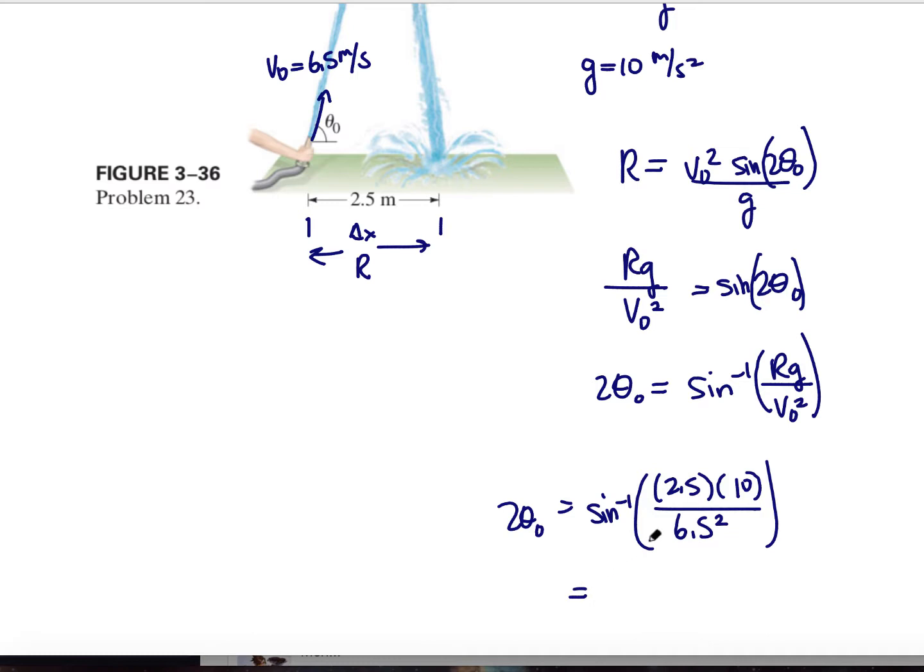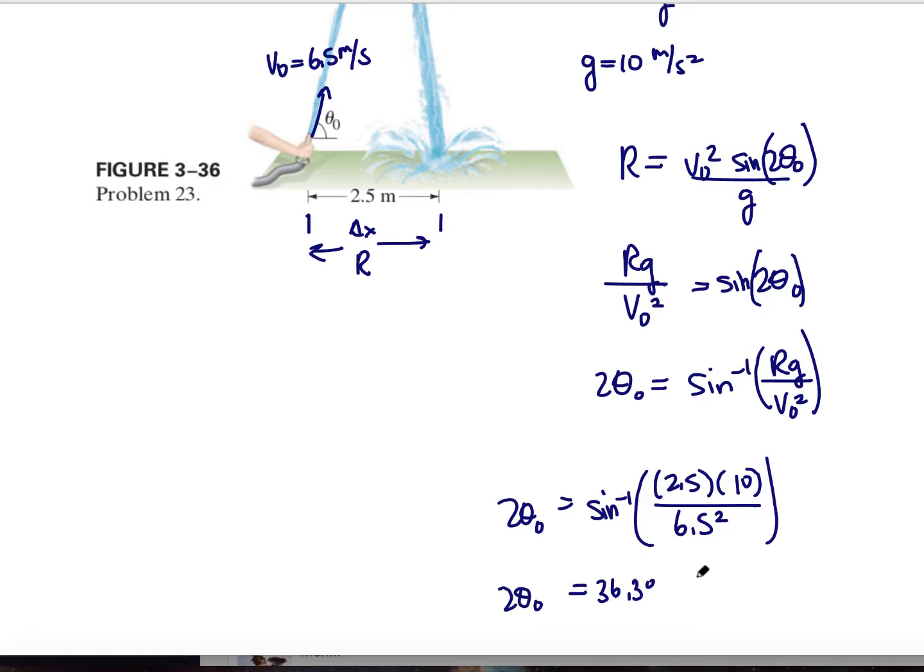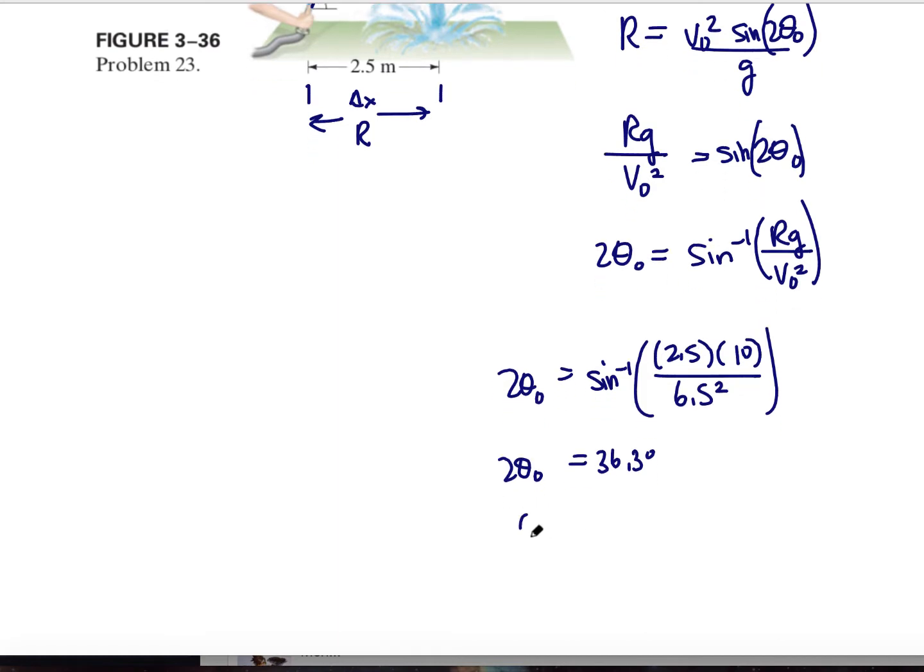So what I get out of this is an angle of 36.3 degrees. So 2 times theta is equal to 36.3 degrees. So very easily I can say theta has to be half of 36.3 degrees, which is 18.1, or just 18 degrees.